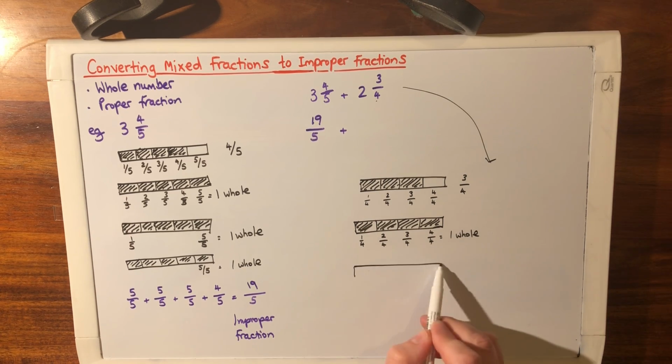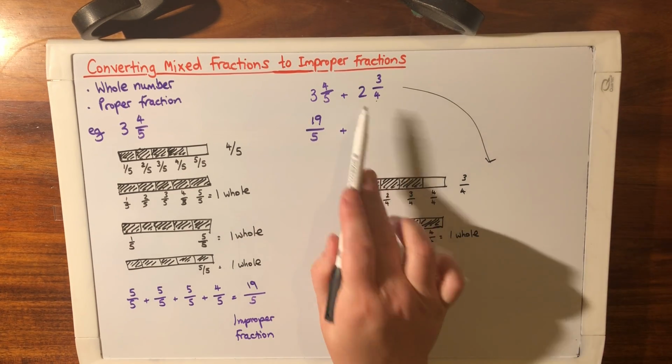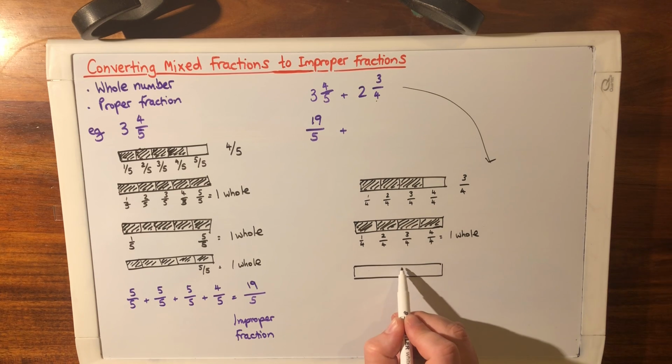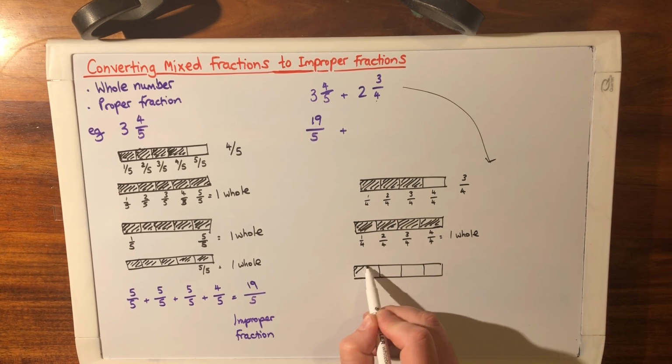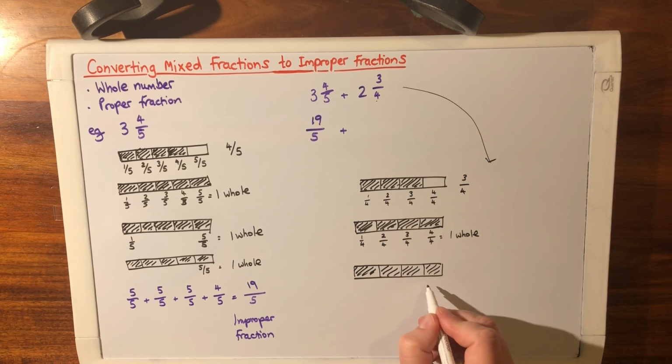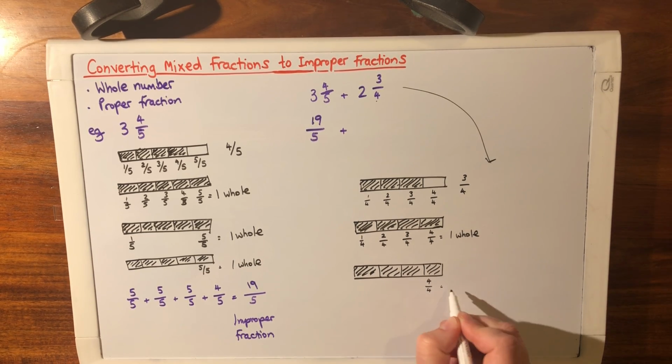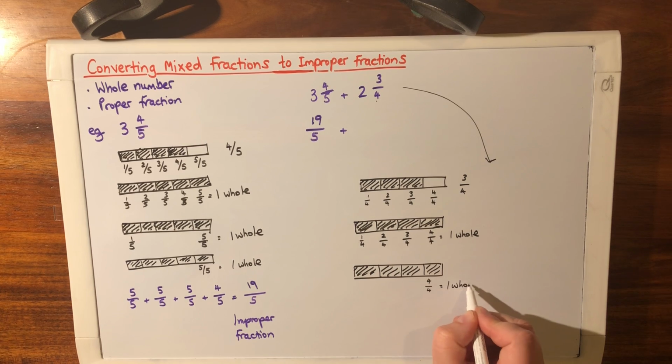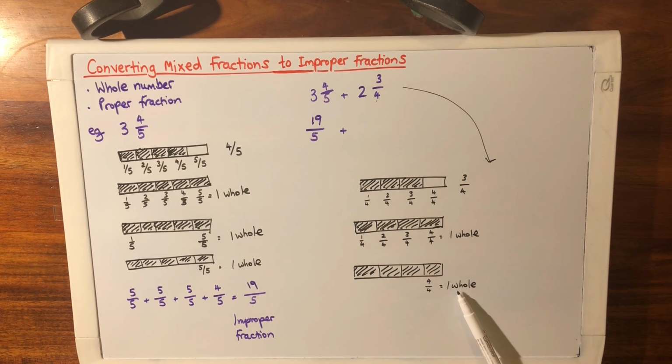And still we need 1 more of those wholes because we've only got 1. Let's divide it into 4 again, and we're counting all 4 of them. So we've got 1 whole plus 1 whole plus 3/4.